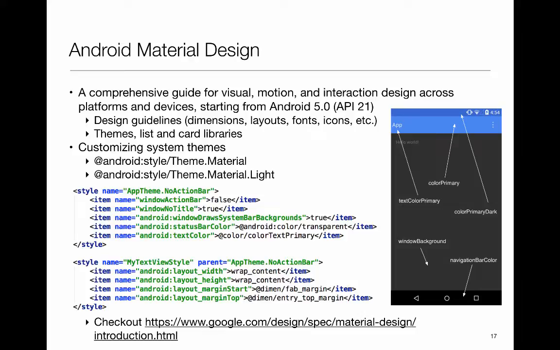And here in this XML, I'm showing a way you can define new themes and maybe inherit from existing themes. You can have different items, and for each item in the theme you define, the name is the property you have shown here.